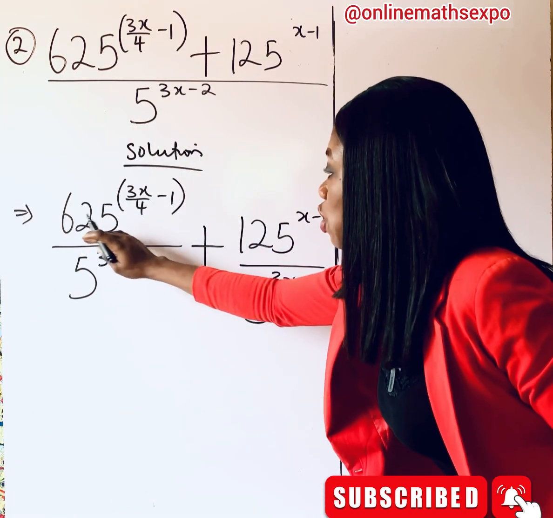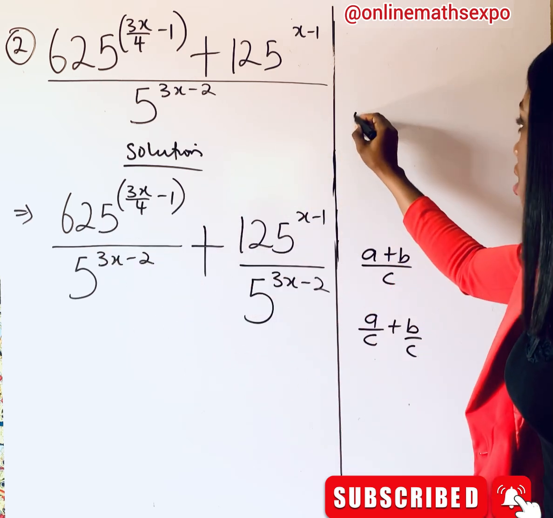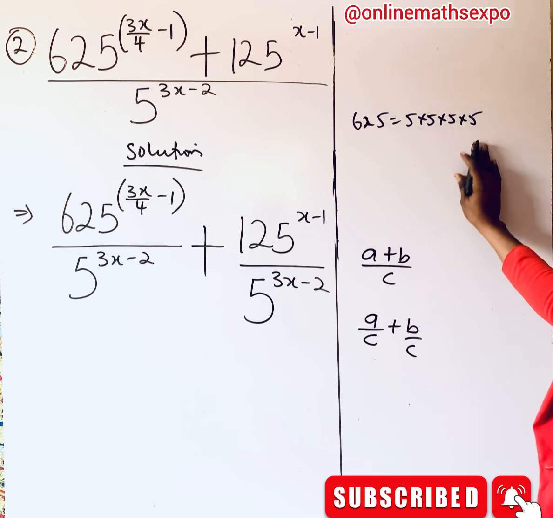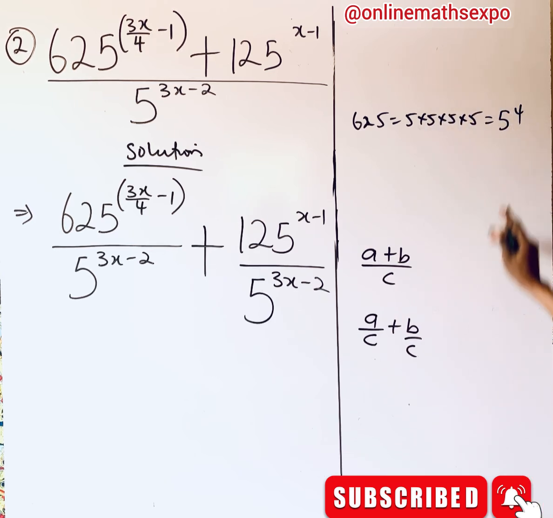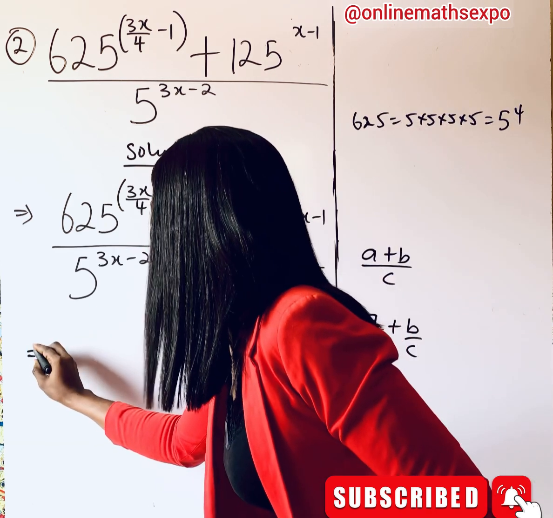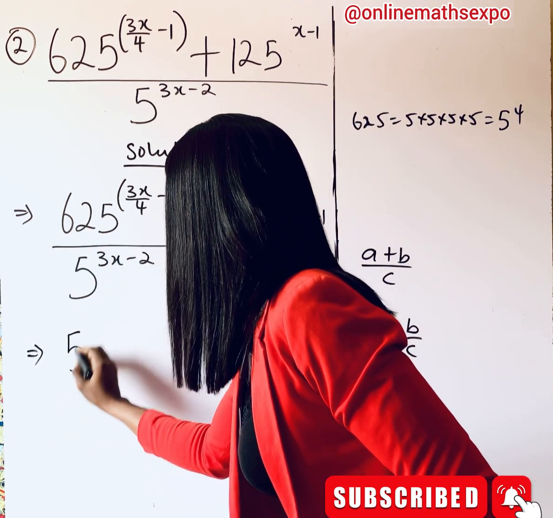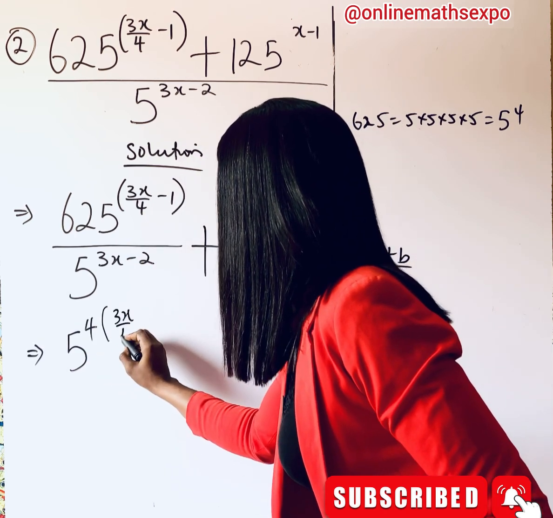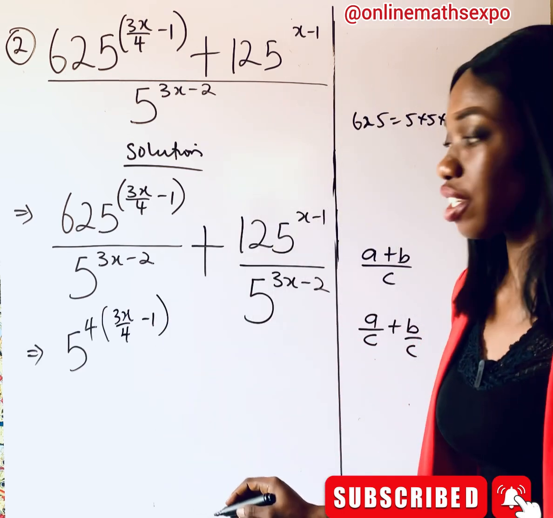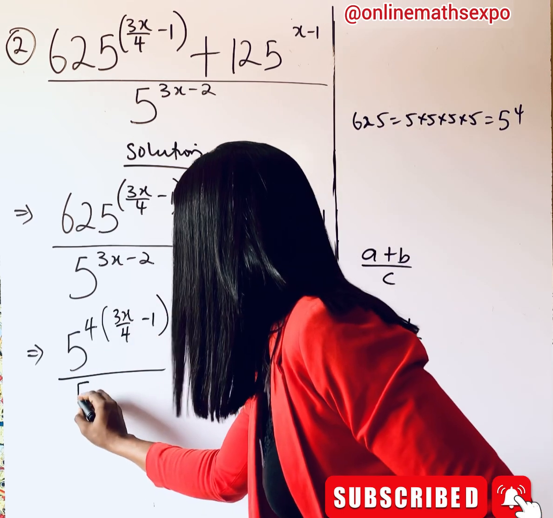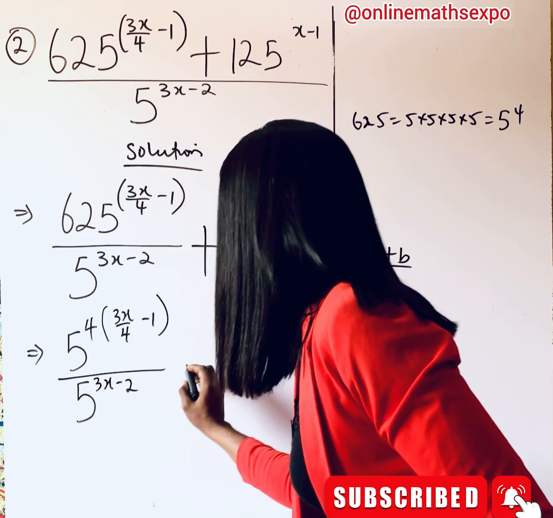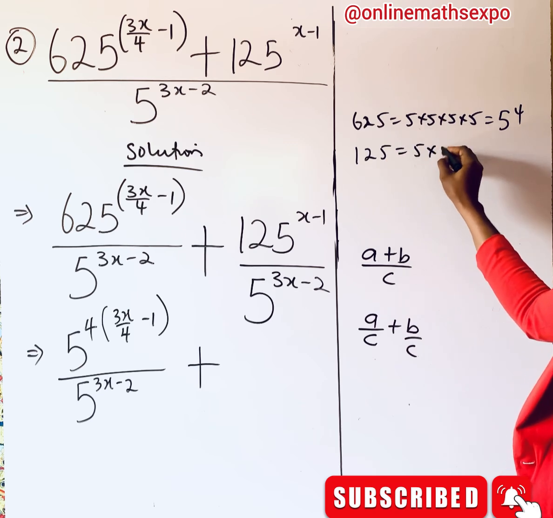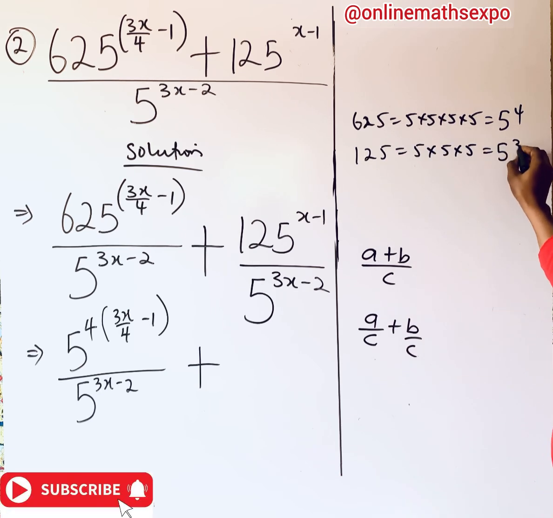Remember that 625 is 5 multiplied 4 times, which is 5 to the power of 4. So in that case, you are going to have this as 5 to the power of 4, then raised to the power of 3x over 4 minus 1. Did you see it? All over this is still 5 to the power of 3x minus 2 plus 125, as you know, is 5 times 5 times 5, which is 5 to the power of 3.